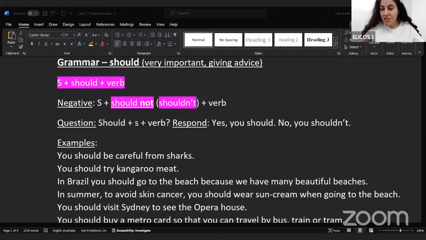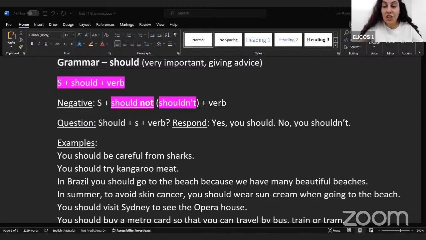So maybe here she should say, you should try the local colado. It is so refreshing. You should eat it on a hot day.